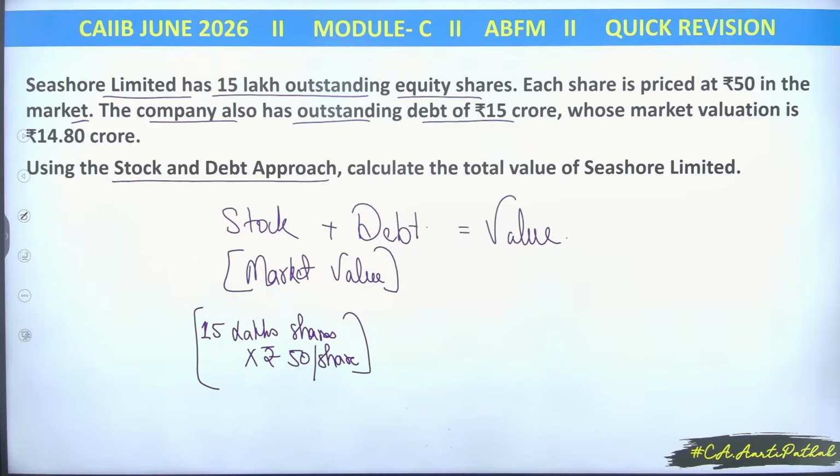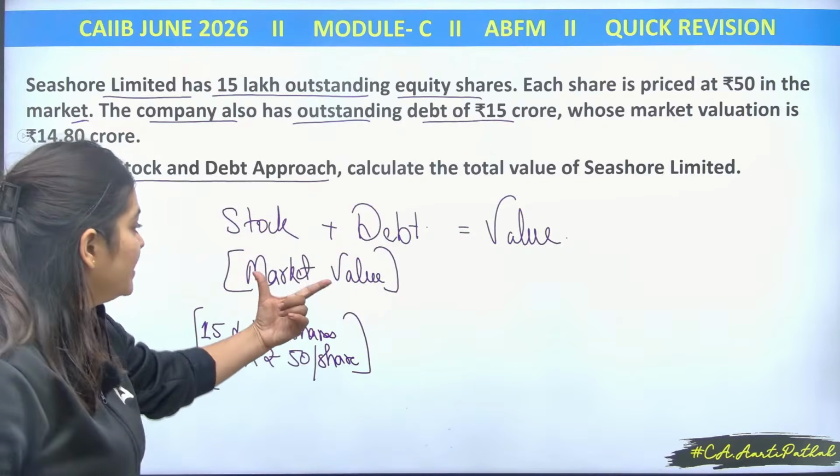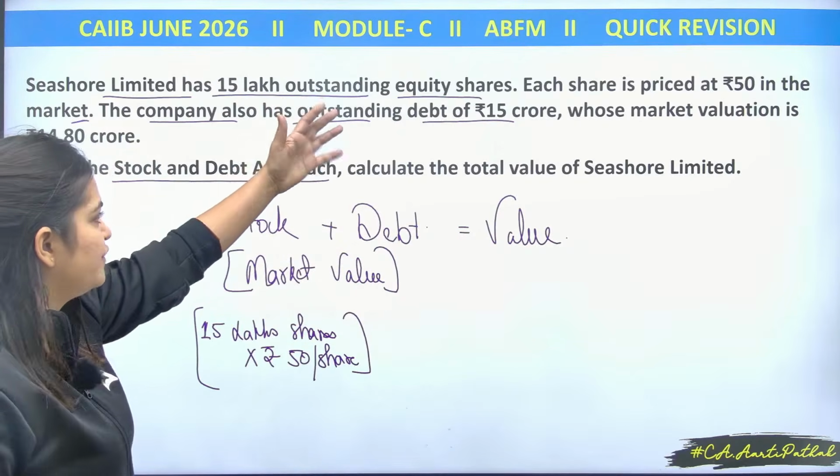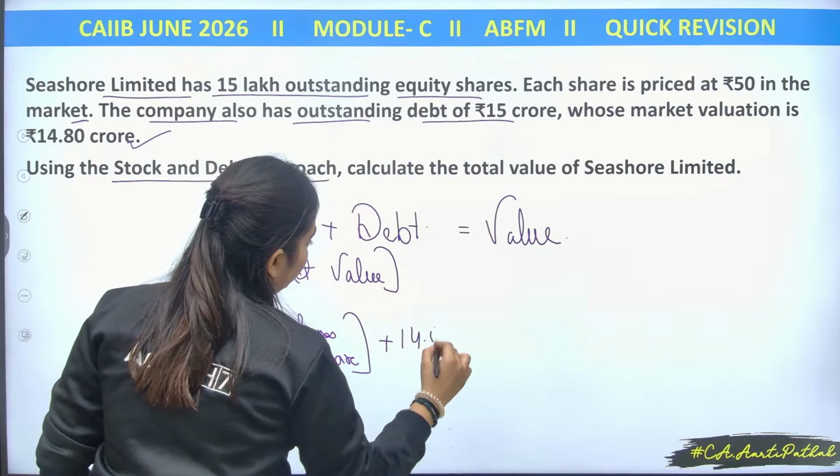As I already told you, for the stock and debt approach, you need to take market value. The outstanding debt is 15, but the market valuation is 14.80 crores.